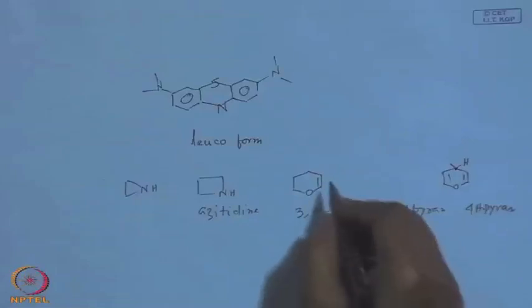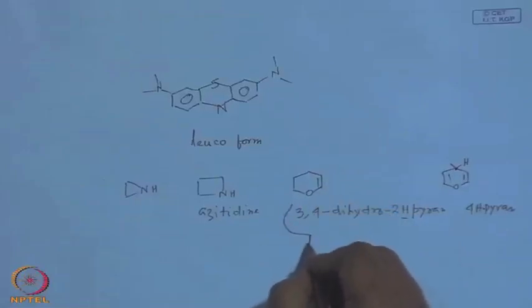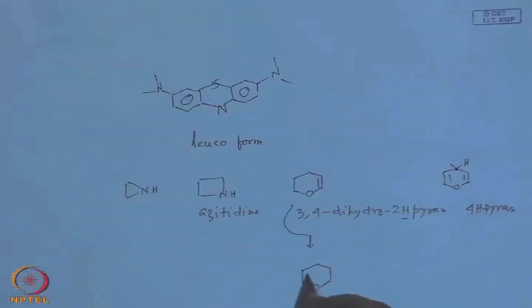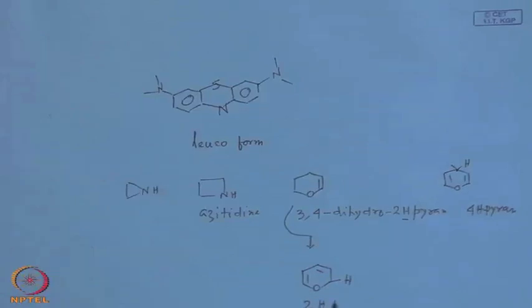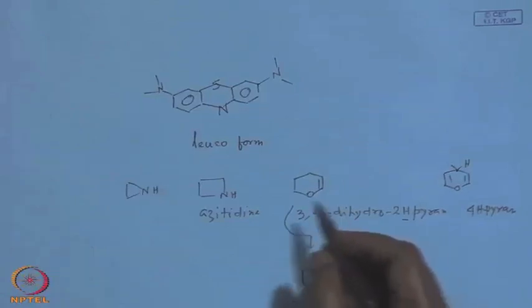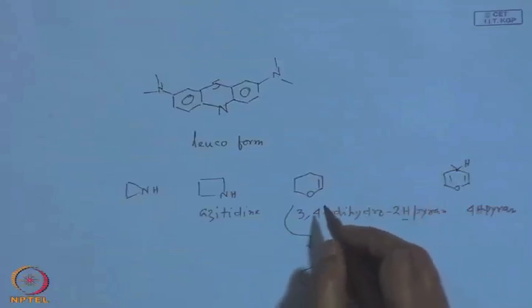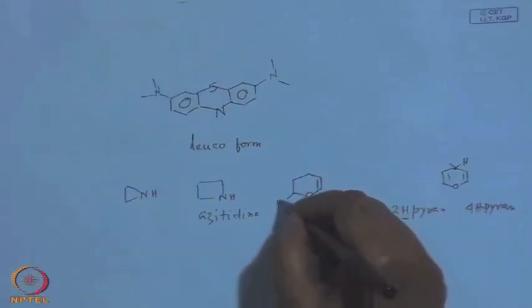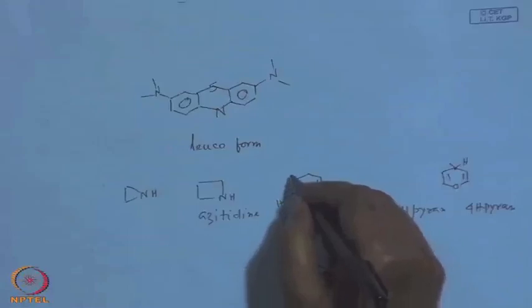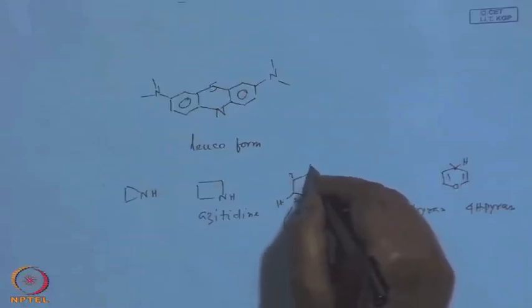So, that means this comes from here. What should be the name of this one? This is actually 2H pyran. In this case, this is 1, this is 2, this is 3, this is 4.